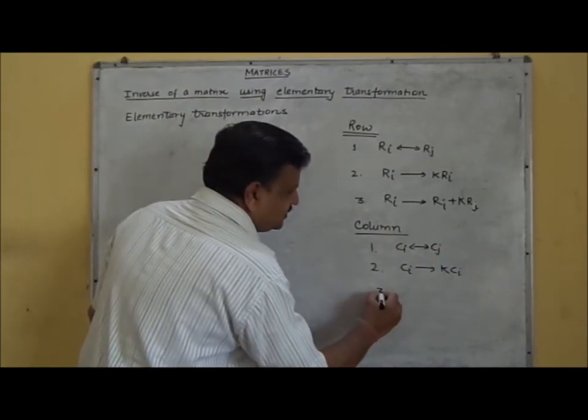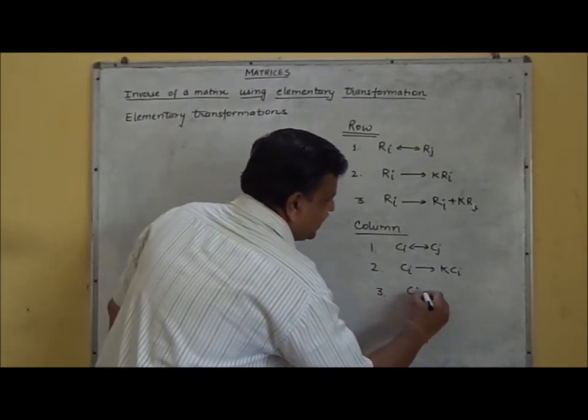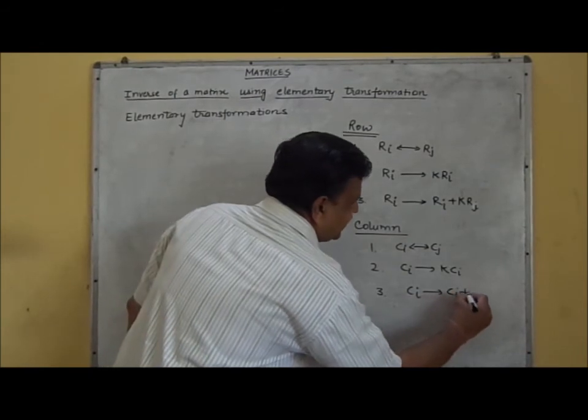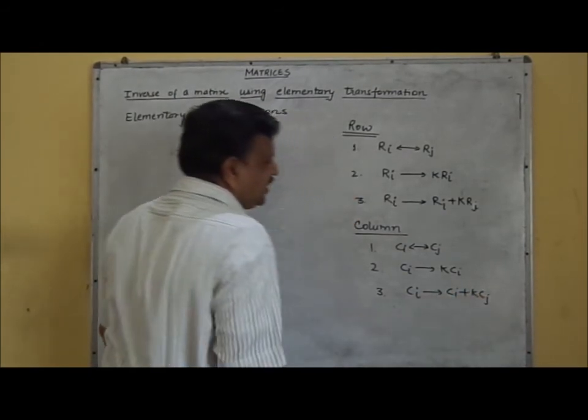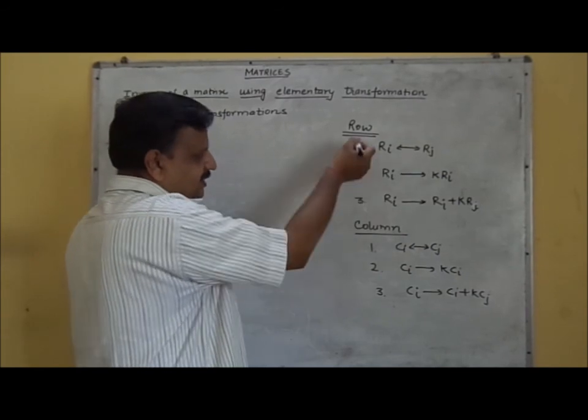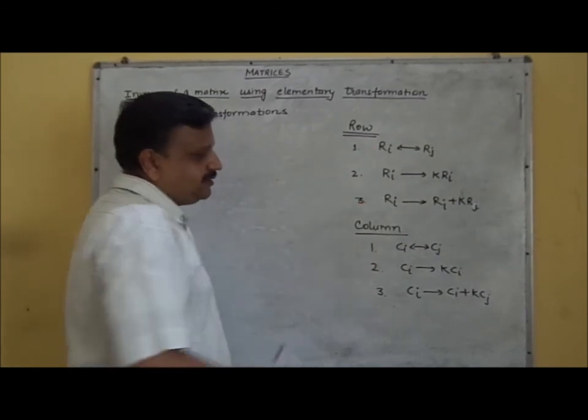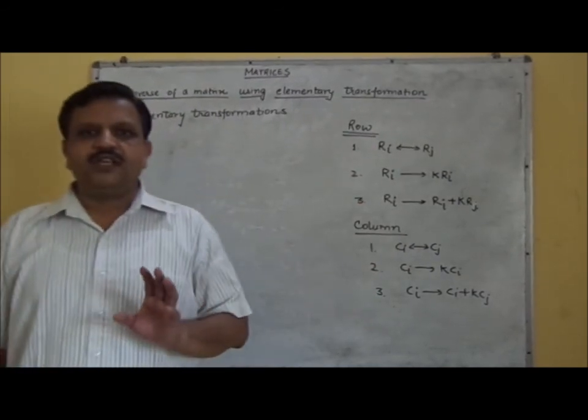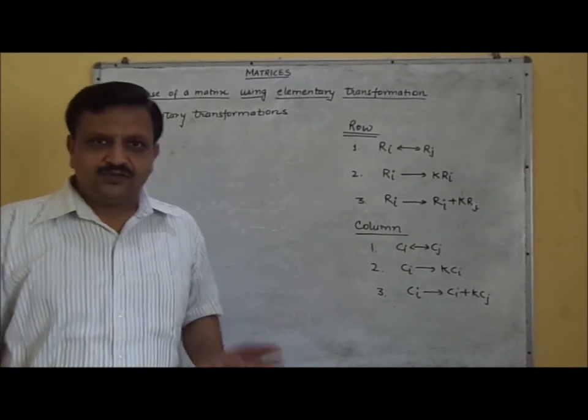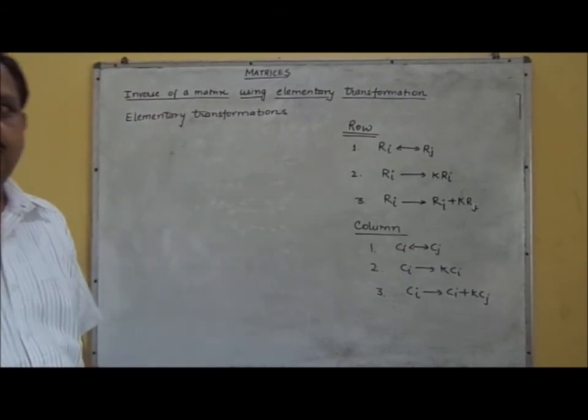And the third one, again, Ci can be replaced as Ci plus k times Cj. So the same three row transformations can be applied in columns also. These are the row and column transformations.